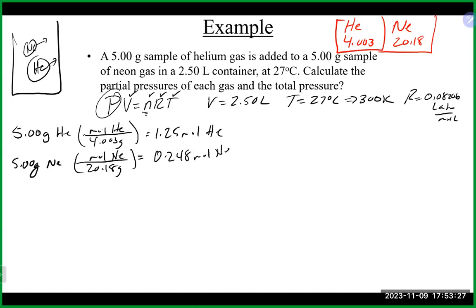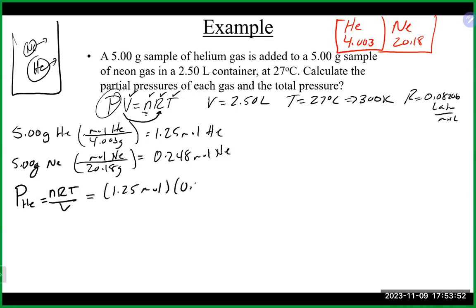So now we have really the missing piece of information that we need for each of these. We're going to go into the ideal gas law twice here, and we're going to solve for P. So we'll do it for helium first. That's going to give us nRT divided by V when we bring this guy basically to the other side and divide. Putting in our numbers here for helium, 1.25 moles.